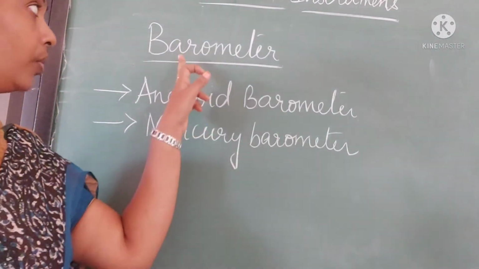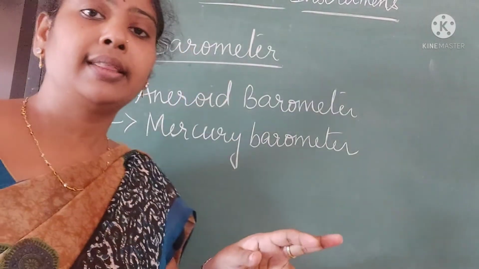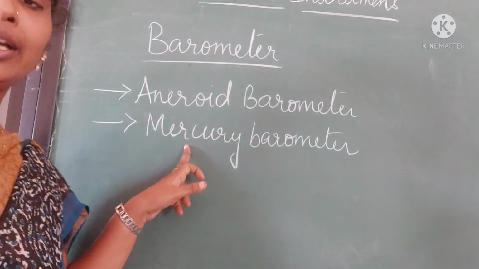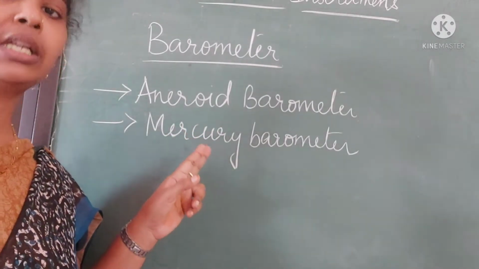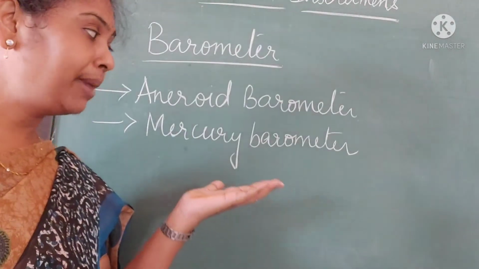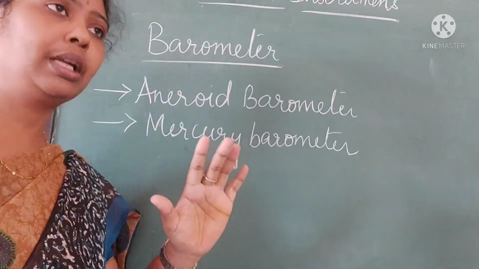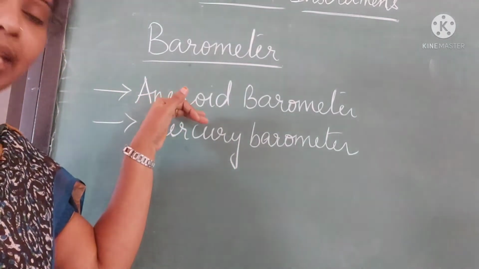And next, what we see is the barometer, which records the atmospheric pressure. The barometer used to be a mercury barometer classically. This mercury barometer used to be filled with mercury, but for traveling, the mercury barometer was not flexible. So then the aneroid barometer was invented.